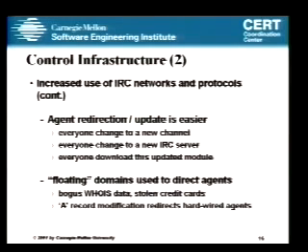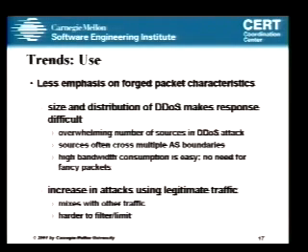We've also seen, with the redirection concept, what we call floating domains used. That's a domain name registered with obviously false contact information, perhaps using stolen credit card information, where the intruder can set up A records, hard code that name into their DDoS agent, and simply change the A record to redirect where those agents connect when they establish a connection back to the IRC server.